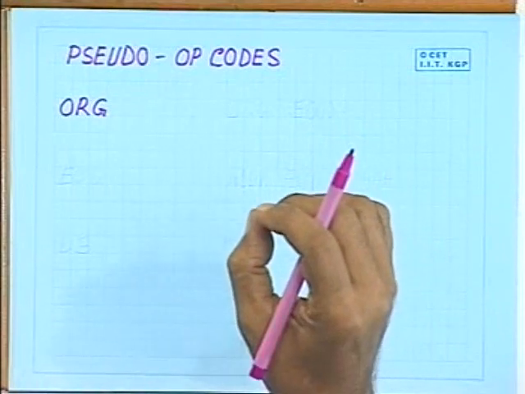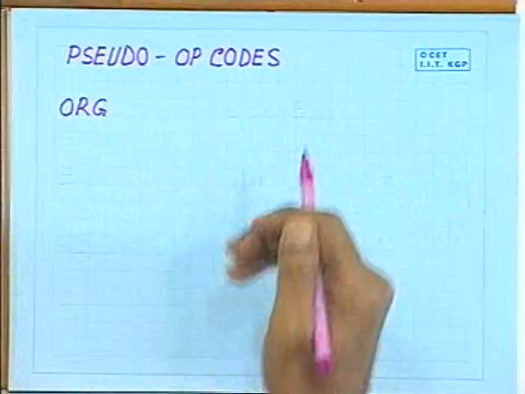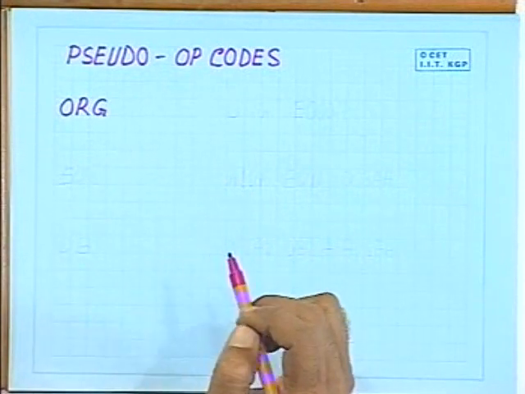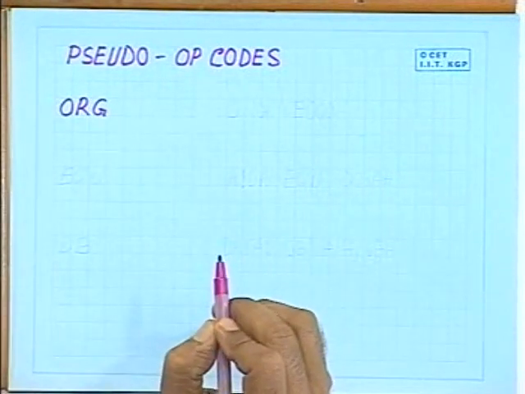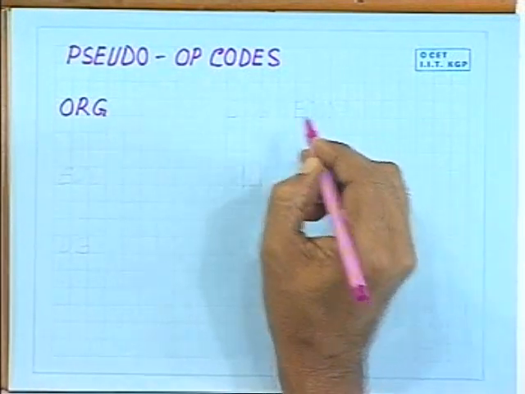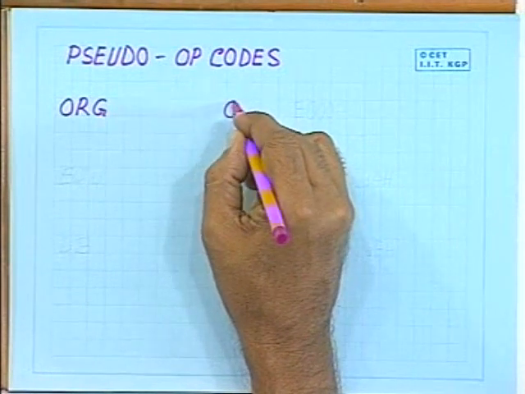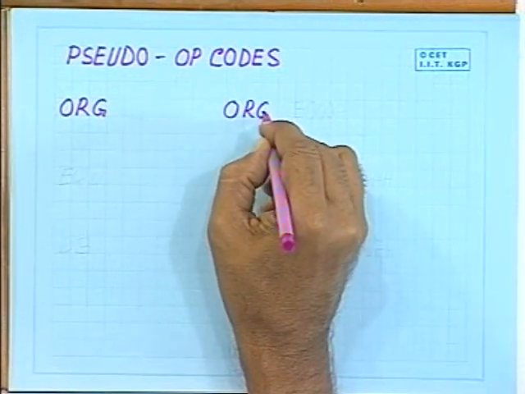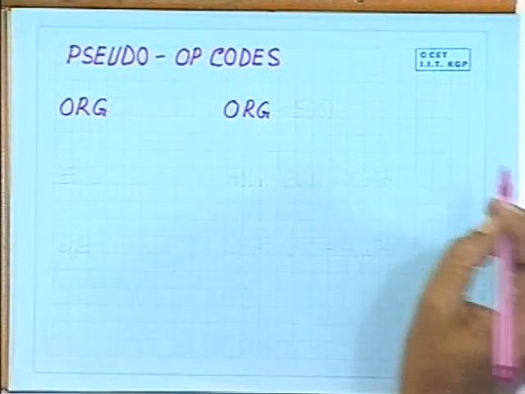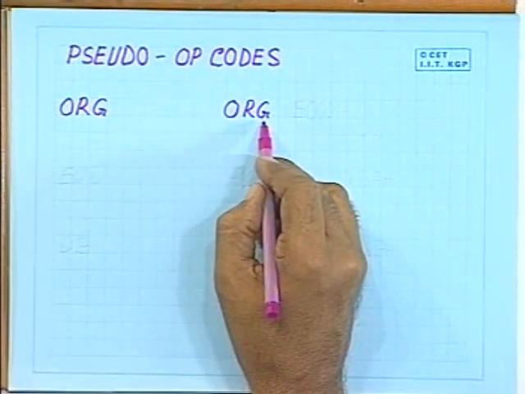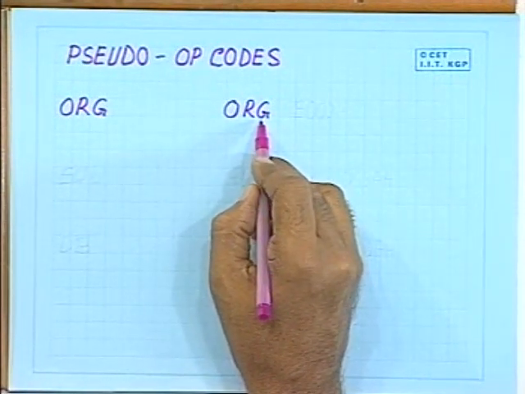So the assembler features for a particular processor may be different from the assembler features for another processor, but there are some commonalities. So I shall discuss the most common pseudo opcodes which are available in assemblers. One is ORG. With the help of this ORG, the origin of the program or the starting address of the program is specified.